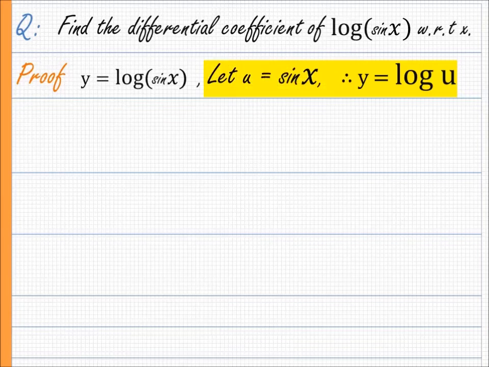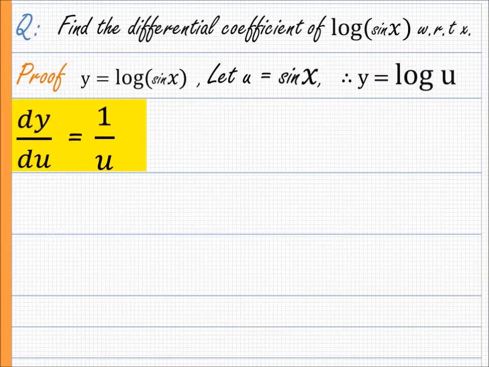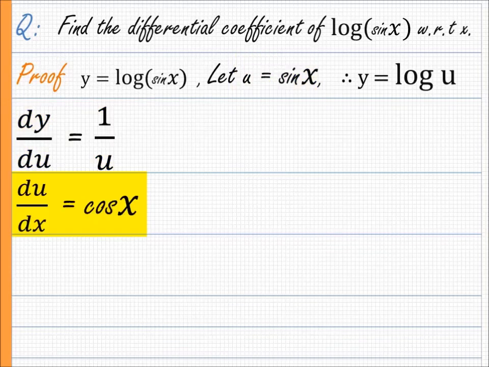Now let's find the differential coefficient of y with respect to u and of u with respect to x. We know very well that the differential coefficient of log of x is 1 upon x, so dy upon du is equal to 1 upon u. The differential coefficient of sine x is cos of x, so du upon dx is equal to cos x.